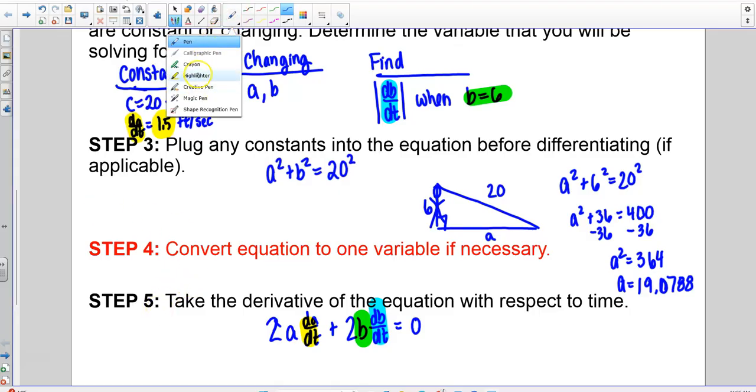So now we've got everything that we need to plug in, right? Because we got this piece right here that can be plugged in for A. So we are just going to plug in and solve.